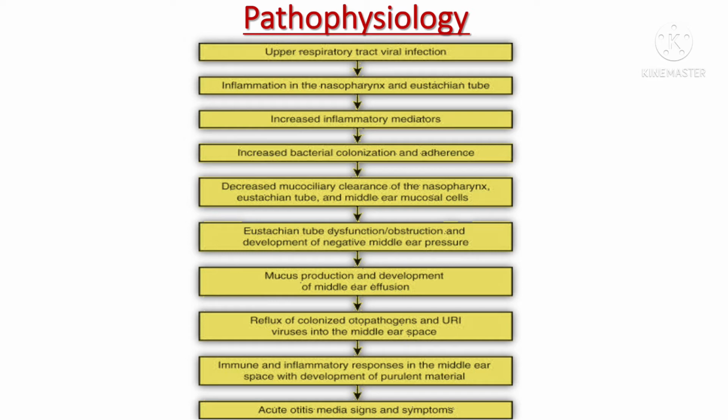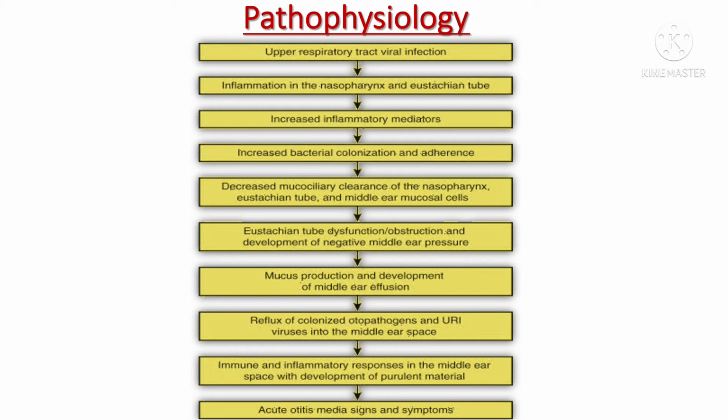In this condition, the patient might have increased bacterial colonization and adherence, which further leads to decreased mucociliary clearance of the nasopharynx, eustachian tube, and the middle ear mucosal cells. All these conditions end up with eustachian tube dysfunction or obstruction.